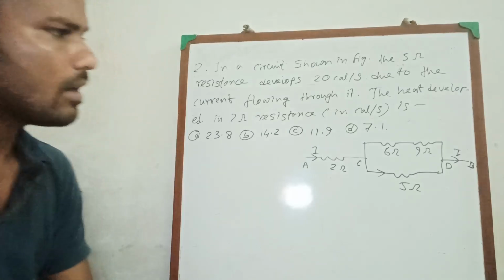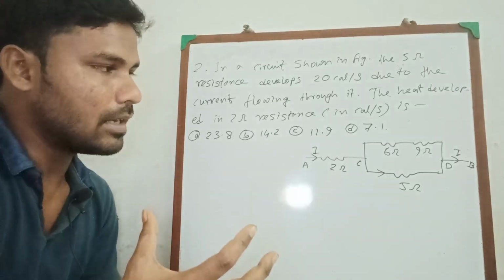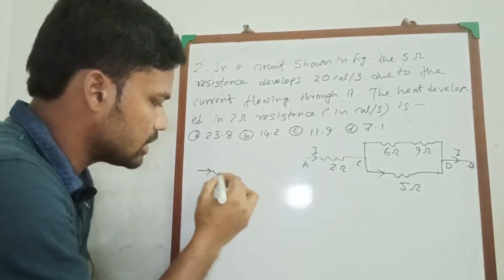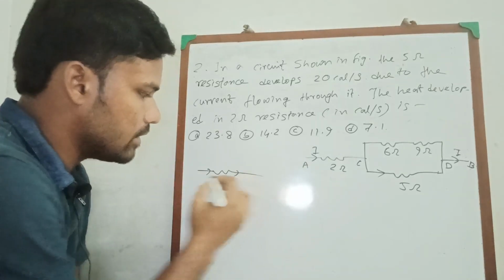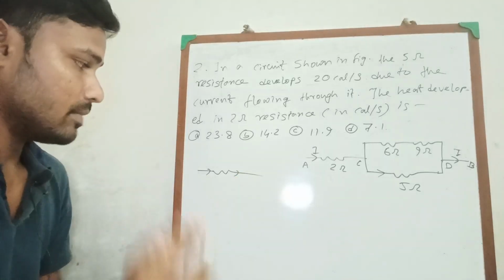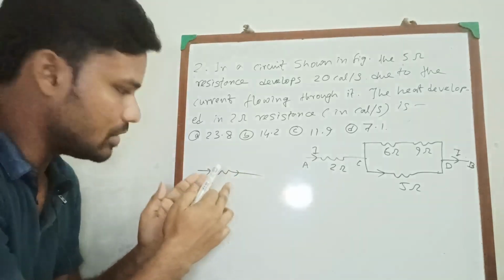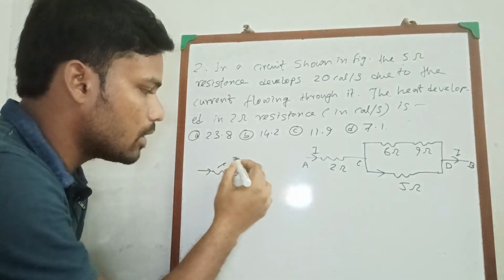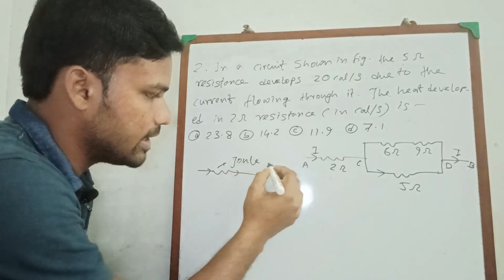Basically, as we know, whenever a current passes through a resistance, it produces some heat in the form of joule heat.